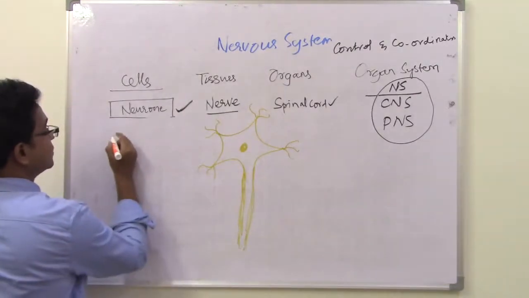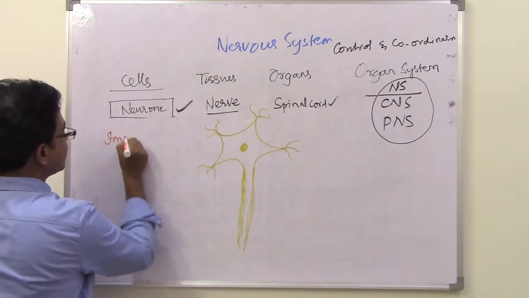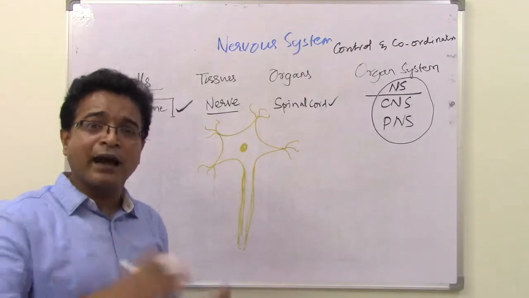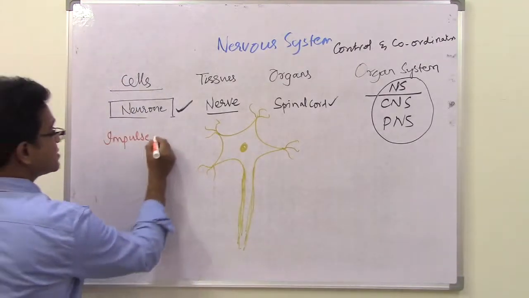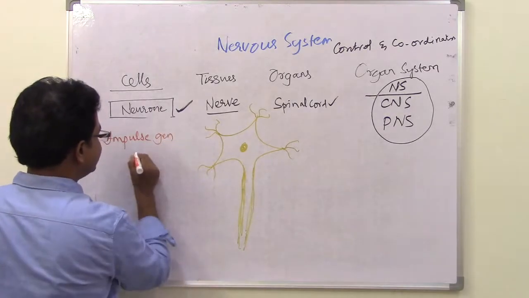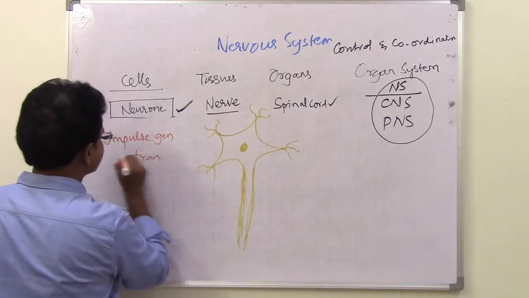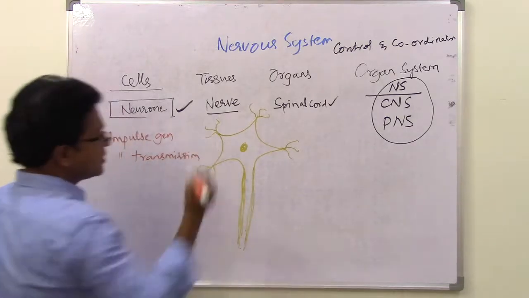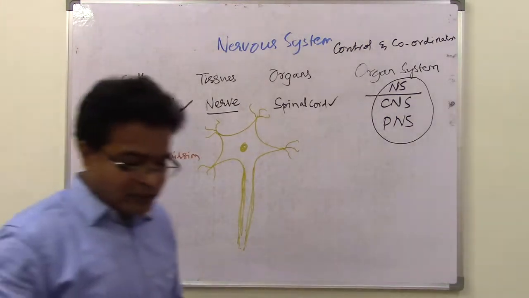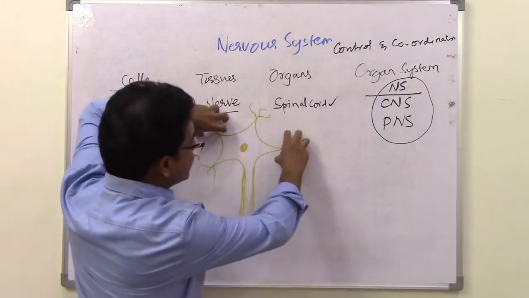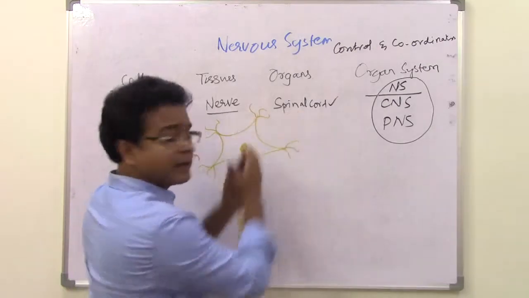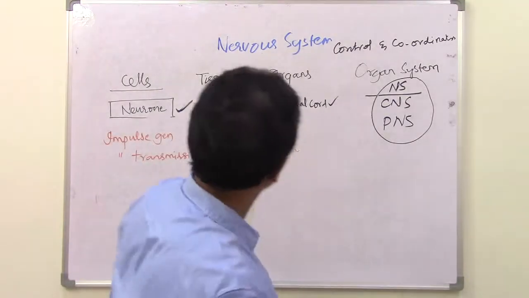Okay, so impulse is the way the neurons communicate with each other and other cells. Impulse generation and impulse transmission. So how is this neuron able to achieve that? So obviously it should have an impulse receiving structure that is mainly done by our dendrites.